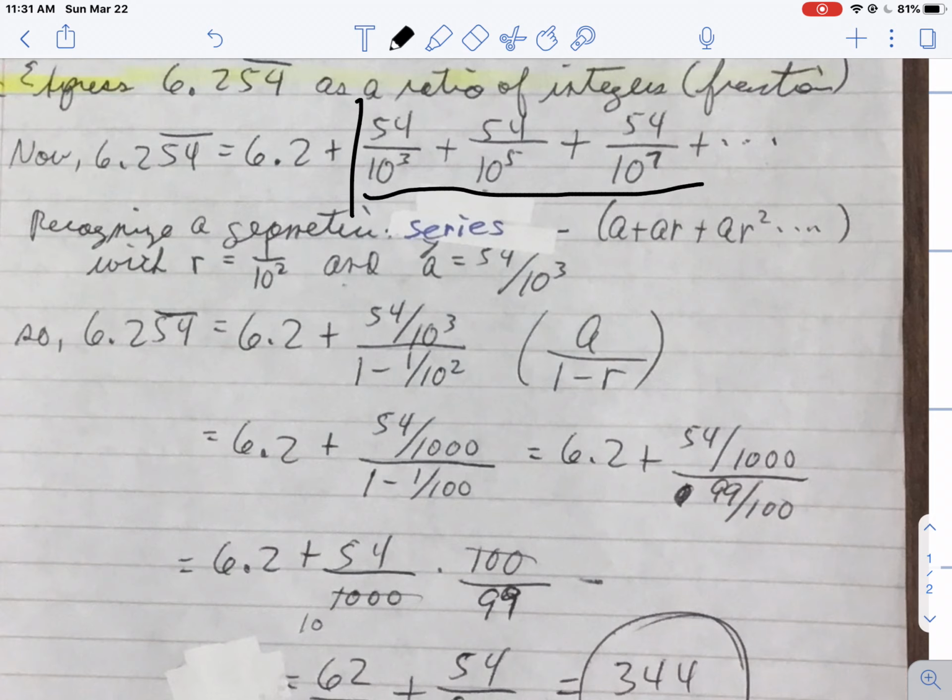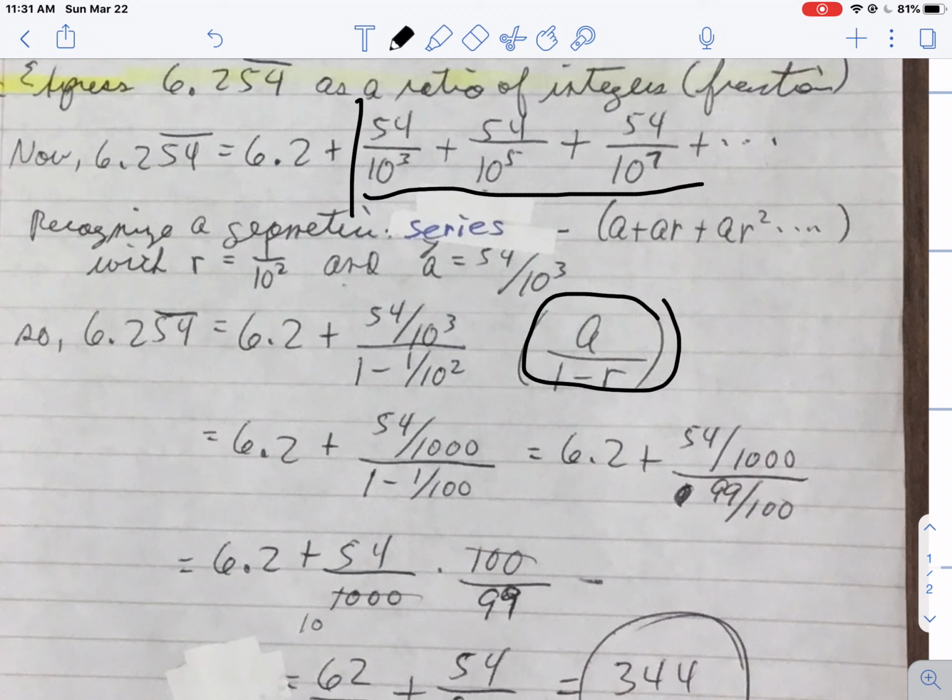With our R value of 1 over 10 squared, I can rewrite that repeating decimal as the non-repeating part, 6.2, plus A over 1 minus R, which is the sum of the geometric series.